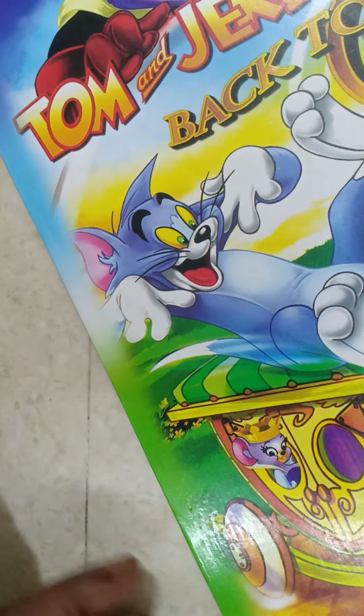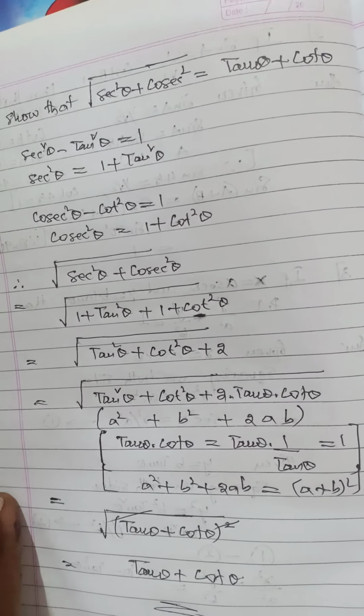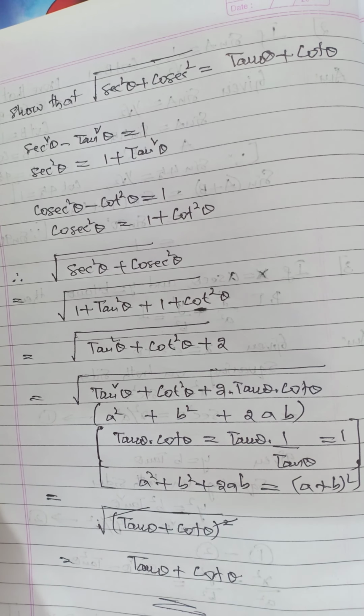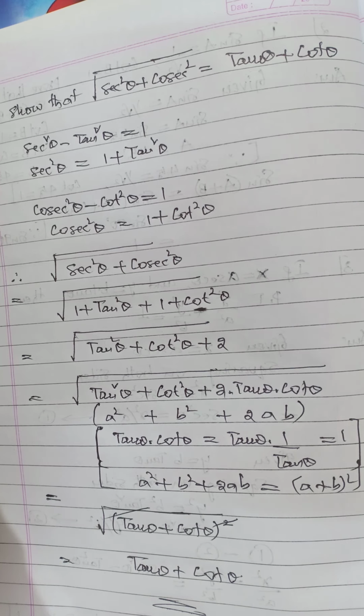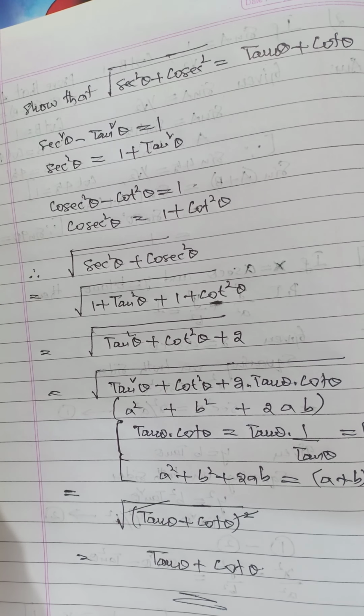Okay. And the last question in the given session is question number 4. Show that square root of secant square theta plus cosecant square theta is equal to tan theta plus cot theta. It's also very simple. For this, we have to remember two identities. The first identity is secant square theta minus tan square theta is equal to 1.